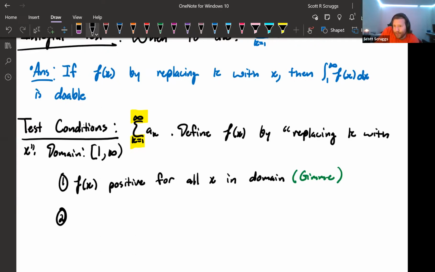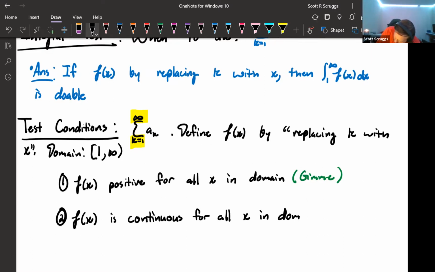Condition 2 that I need to satisfy is that f of x is continuous for all x in the domain. Here, the way that I would verify that is to say, okay, if there was going to be a discontinuity, where would the discontinuity be? And make it clear that that discontinuity is not in the domain.